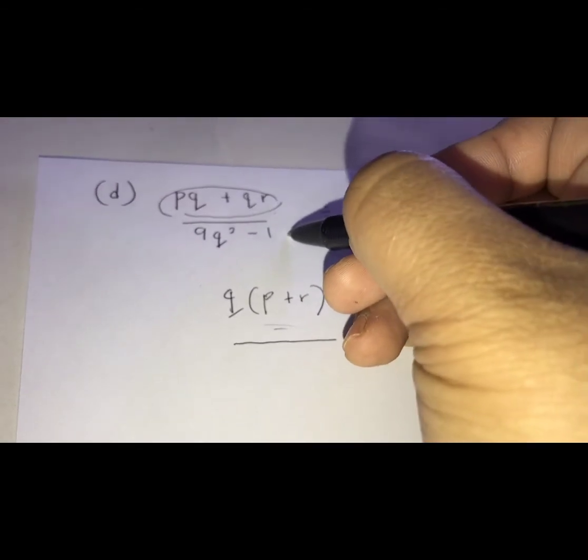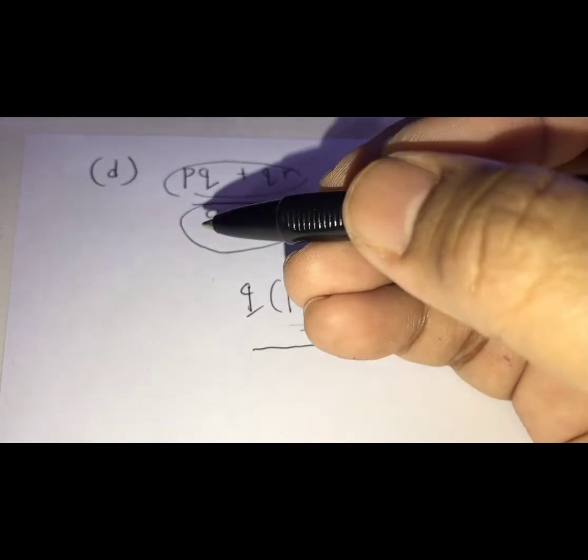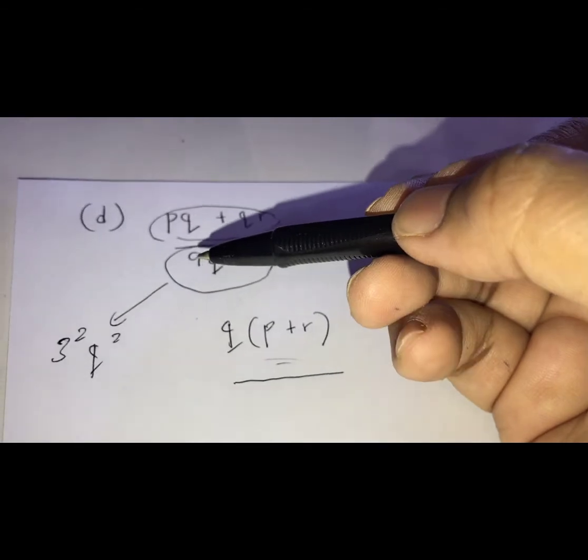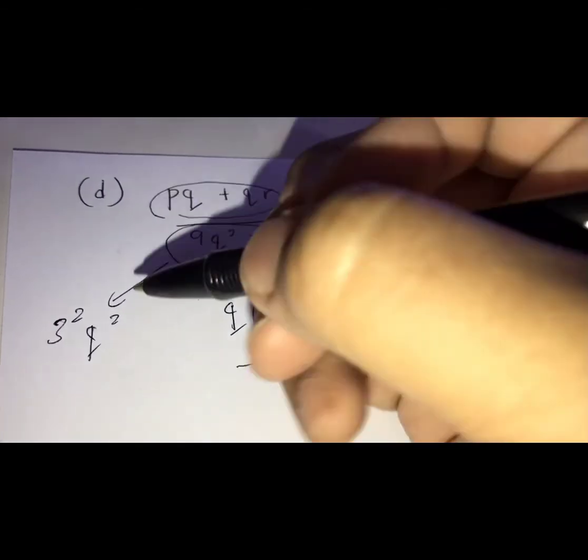Over, then this one, 9Q square minus 1. This one is a perfect square, right? 9 is a perfect square, which is equal to 3 square. And then you copy Q square. 1 is always perfect.